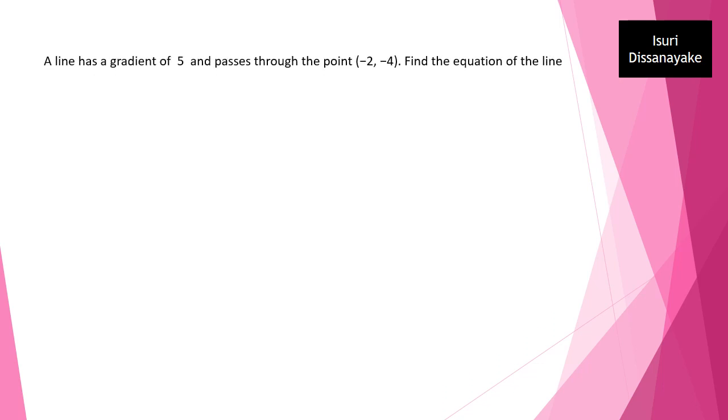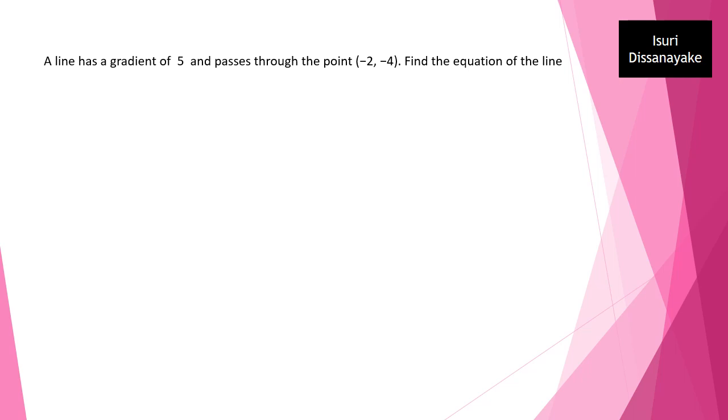Next question. A line has a gradient of 5 and passes through the point -2, -4. Find the equation of the line. So what do we have to know? When we are finding the equation of a straight line, we have to know the gradient as the first thing and the y-intercept, which is the c value, as the second thing.